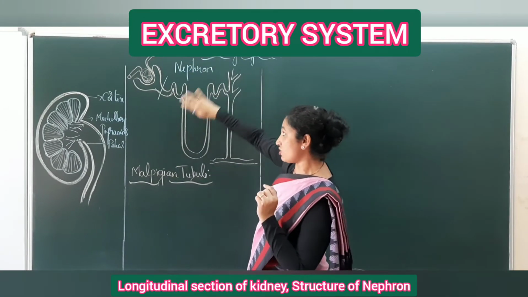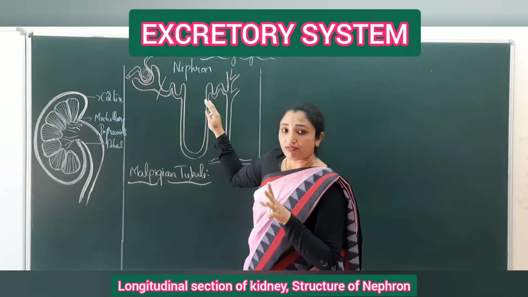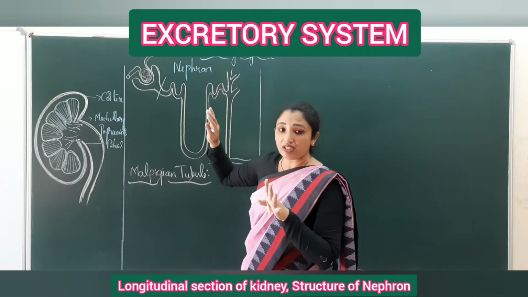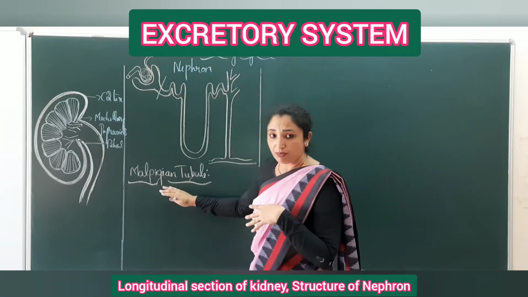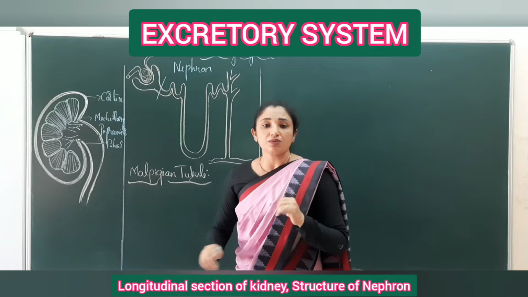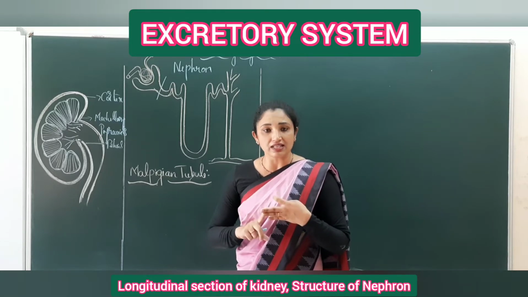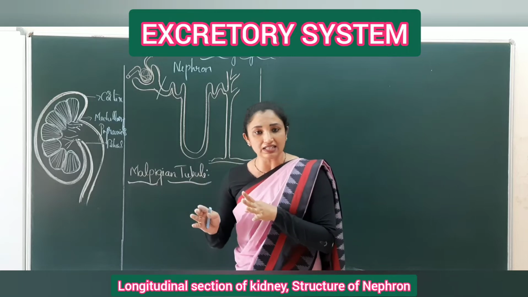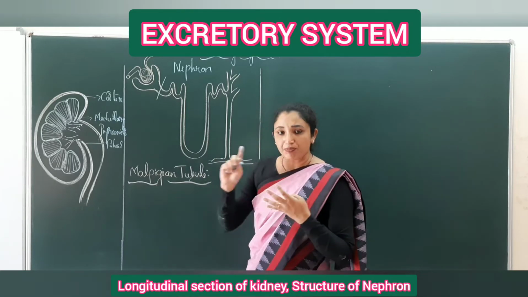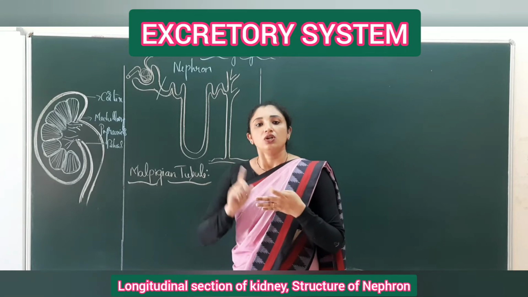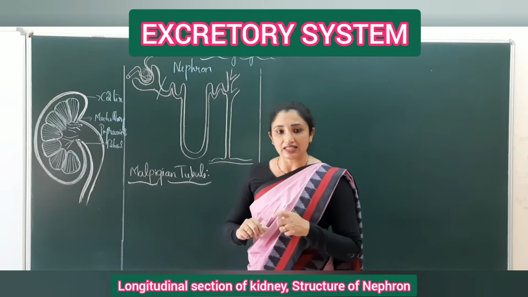For your convenience, I will divide the structure of the nephron into Malpighian tubule, proximal convoluted tubule or PCT, loop of Henle, distal convoluted tubule and the collecting duct. Once again I repeat, Malpighian tubule, proximal convoluted tubule, loop of Henle, distal convoluted tubule and collecting duct.